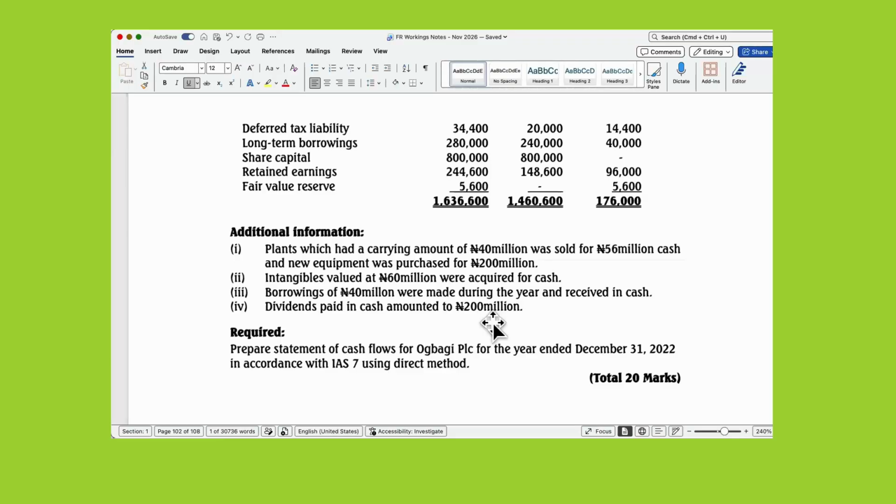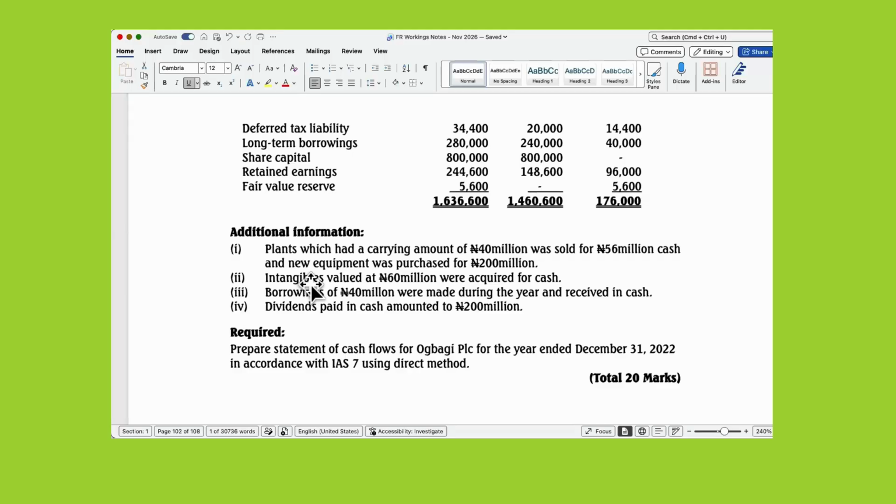I know that's also an acquisition, and it is also going to the statement of cash flows. I don't really need to calculate profit or loss on disposal. So that's it, they have given me all I need. Since I'm not adjusting for non-cash items, you'll see the way the direct method is done.